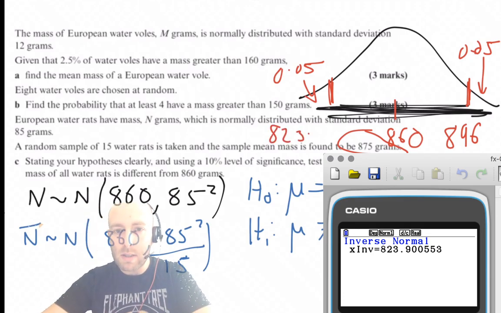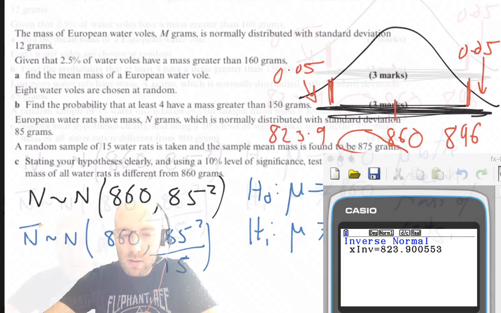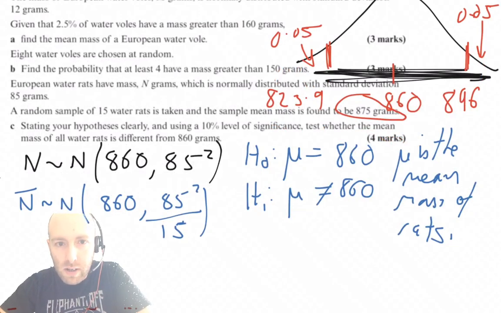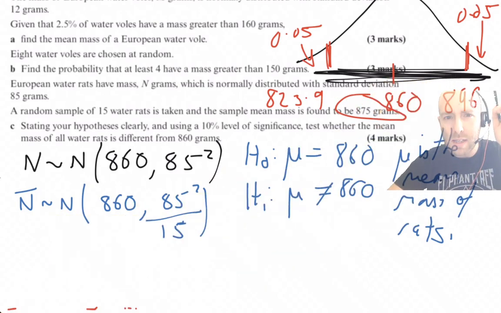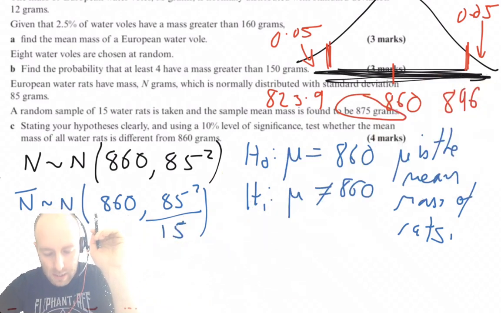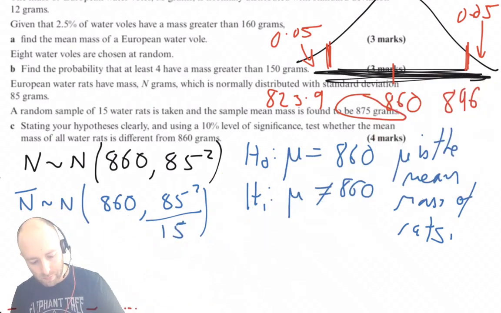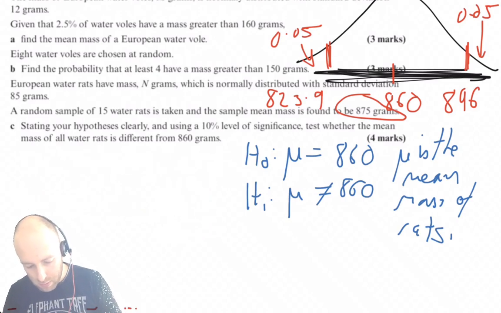Okay, and we're trying to test if 875 is significant. So 875, if we look at it, will be about here, which isn't in the critical region. So 875 is not critical. So let's write it out properly.